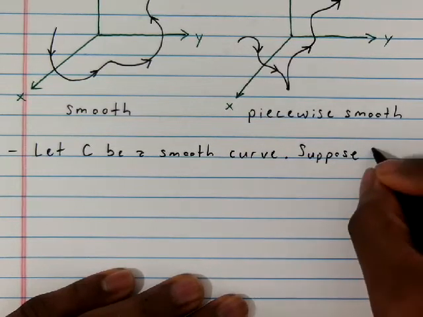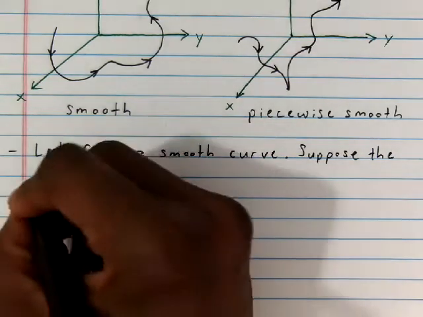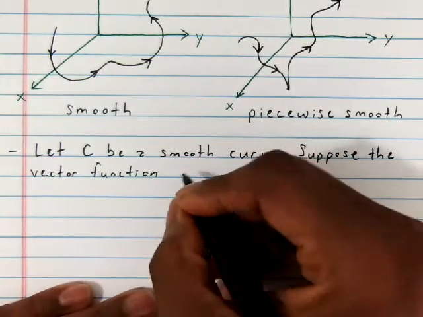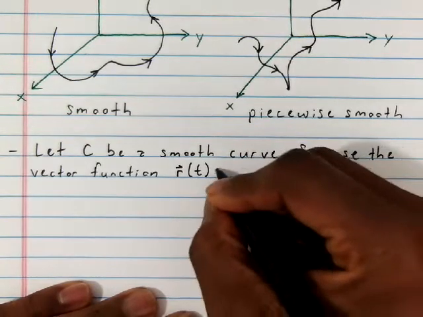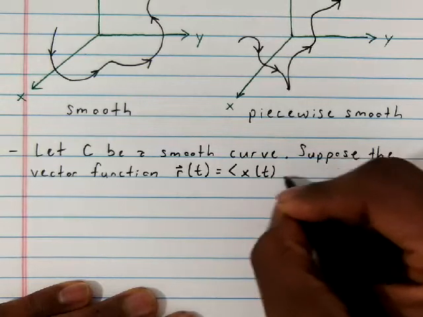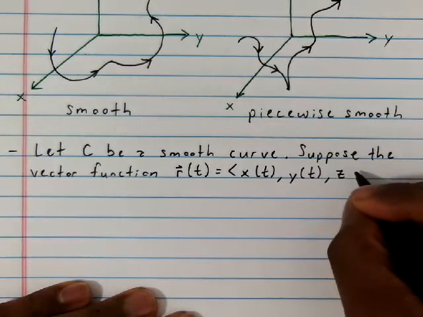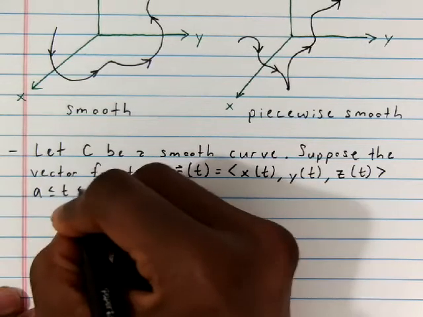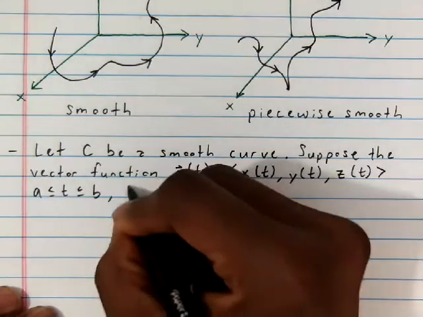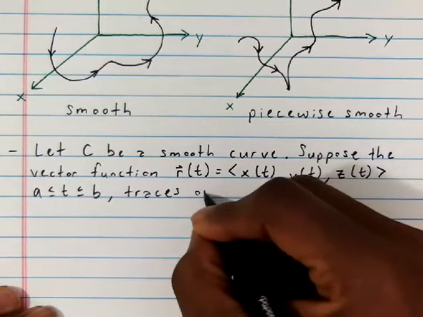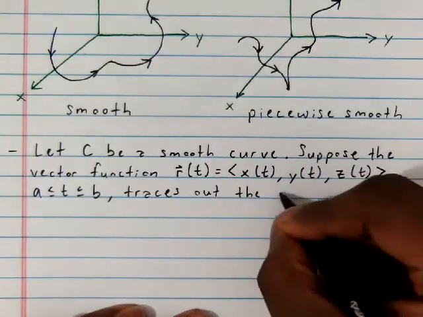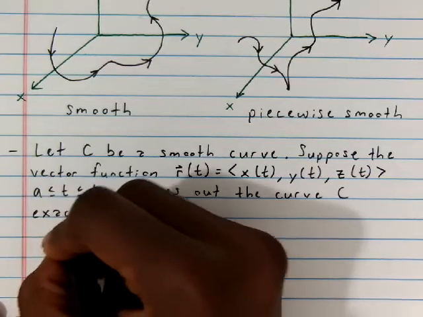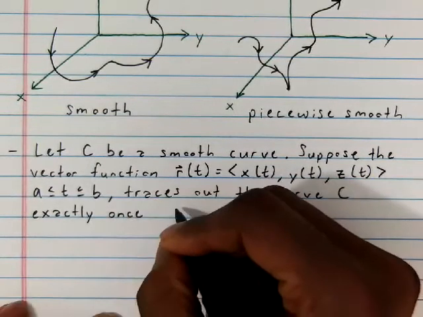Suppose the vector function r of t with components x of t, y of t, z of t, where t varies between a and b, traces out the curve C exactly once as t varies from a to b.